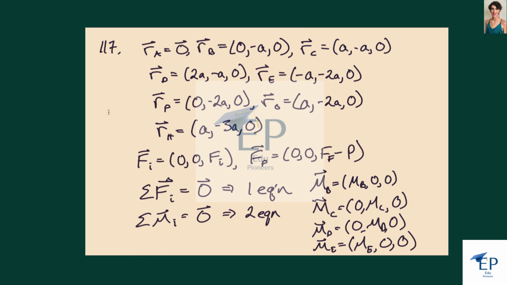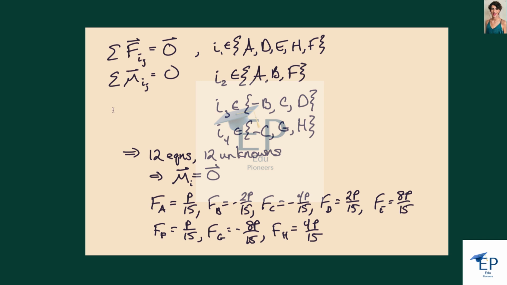And so we can just crank through this analysis. Again, it's a bunch of algebra. There's 12 equations and 12 unknowns. I took 4 different sets of free body diagrams. First, a free body diagram for the entire structure.